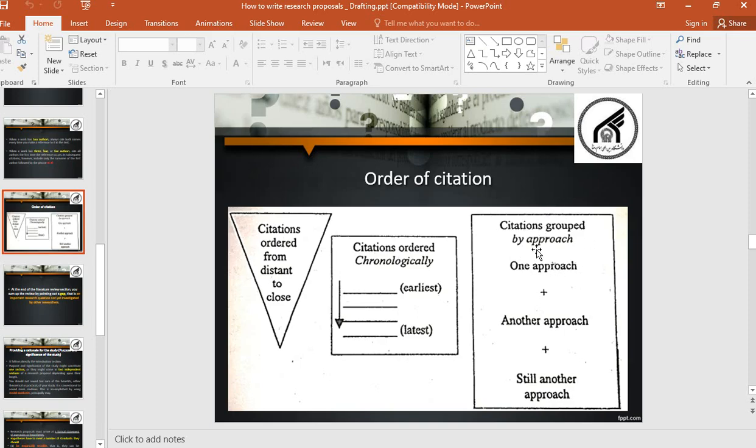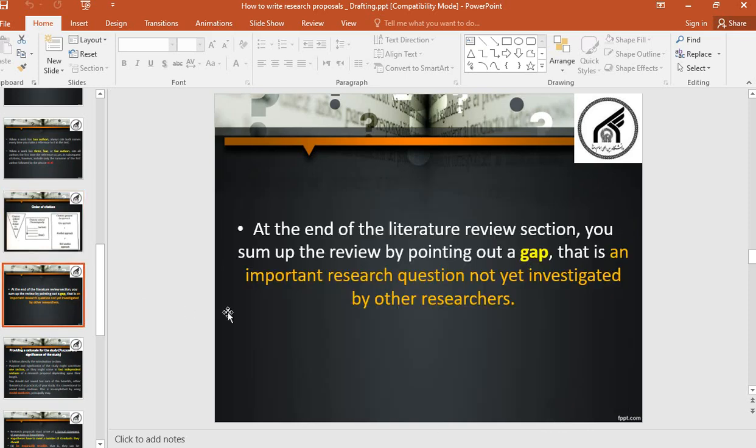You just present the sources or researches which are based on a particular approach. Then in the other paragraphs you present the sources based on the second approach, and the third one and the fourth one if applicable.